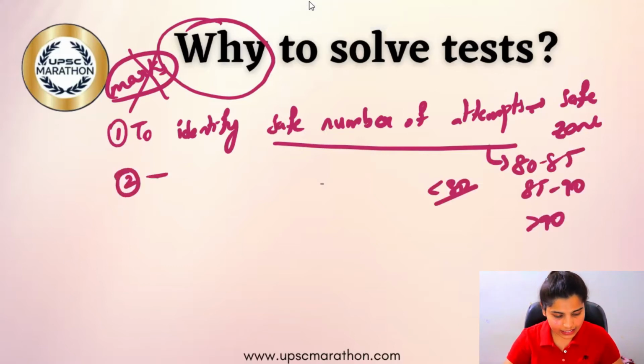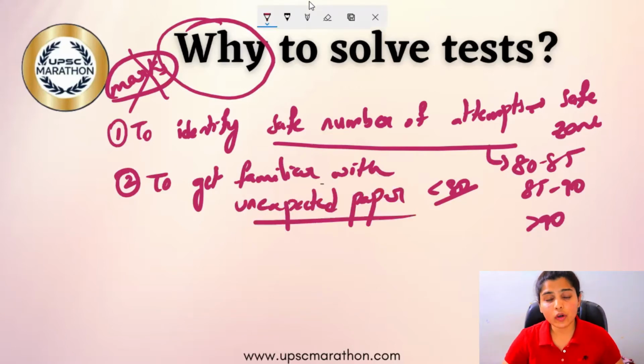And the second thing is to get familiar with the unexpected paper. No matter how many years you have been preparing for the exam, it is those 2 hours that determine whether you are going to write mains or not. If you don't get familiar with the unexpected or difficult papers, you will panic as soon as you see the paper and won't even realize that 2 hours have passed.